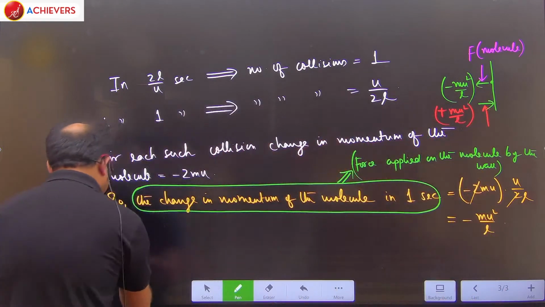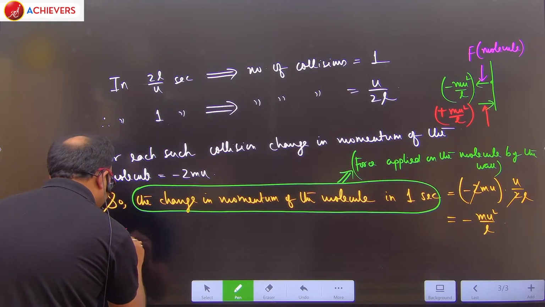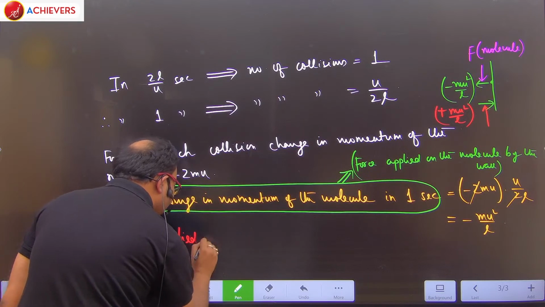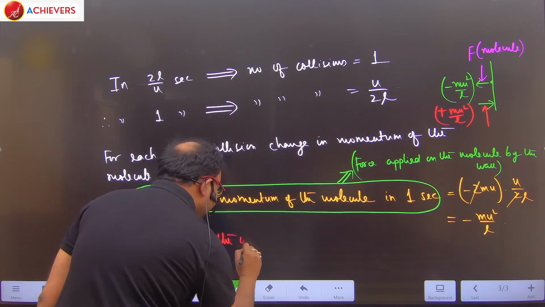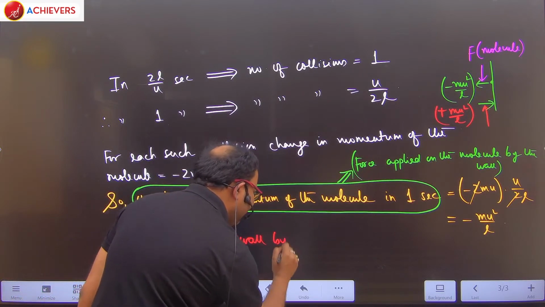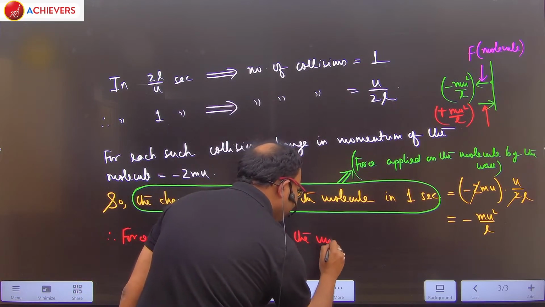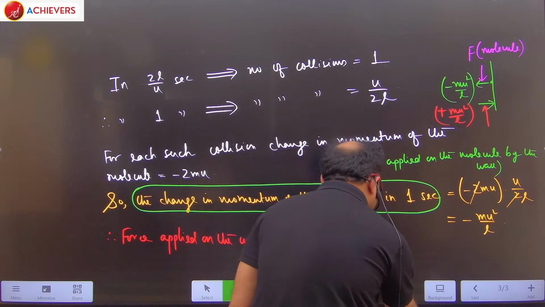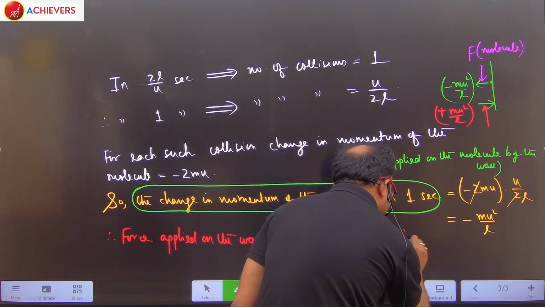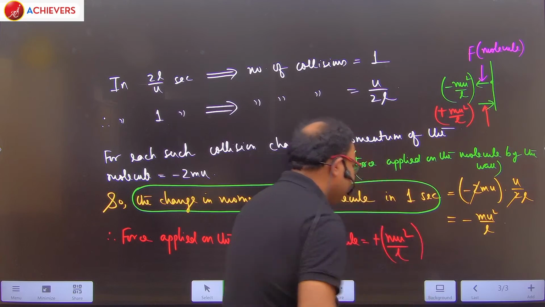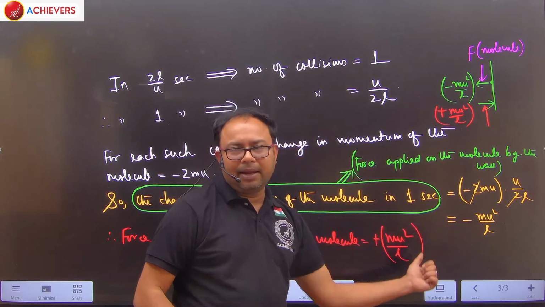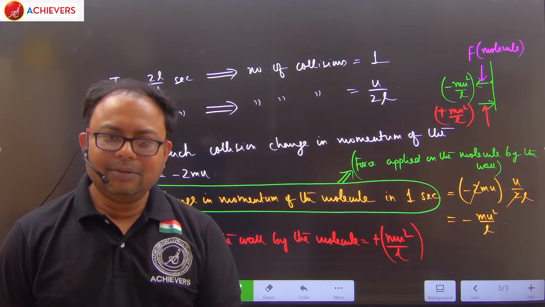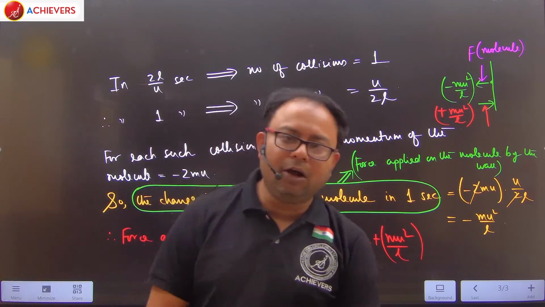So one can say, therefore, force applied on the wall by the molecule is equal to plus mu square by L. It's minus mu square by L, it will become plus mu square by L. This is the justification of Newton's third law of motion.